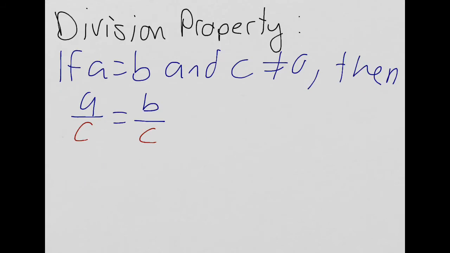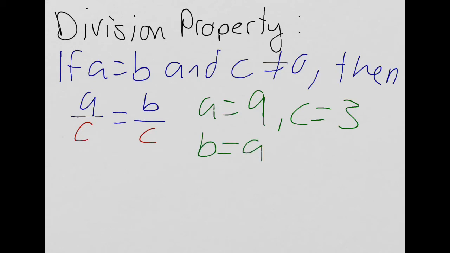The next property that we'll look at is the division property. It says if A equals B and C does not equal 0, then A divided by C equals B divided by C. The reason C can't be equal to 0 is because we can't divide a number by 0. So what this says is, if I have the same number and I divide it by the same number, I'm going to get the same answer. So let's look at an example. Let's say A equals 9, C equals 3, and B is equal to A. So I'll set up my problem.